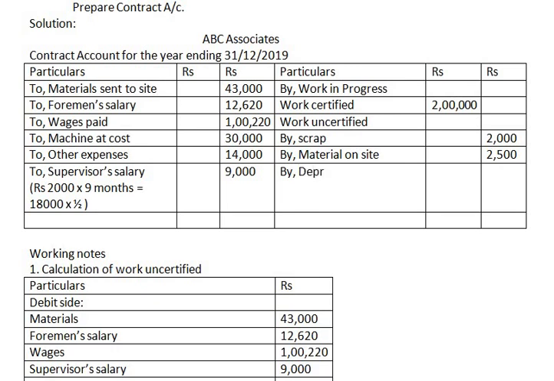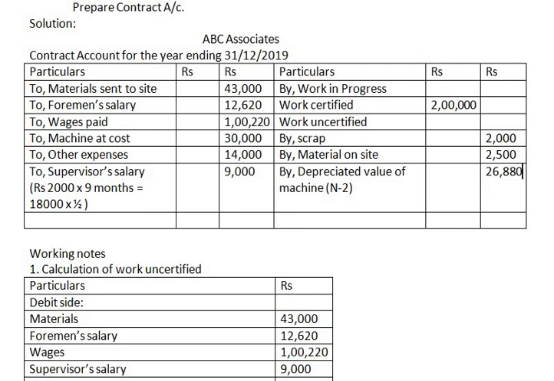That we are going to take on the credit side, by depreciated value of machine. And the working note can be written over here, and the working note is note number 2. 26,880.